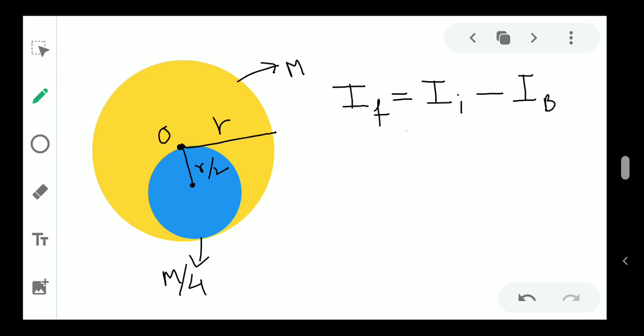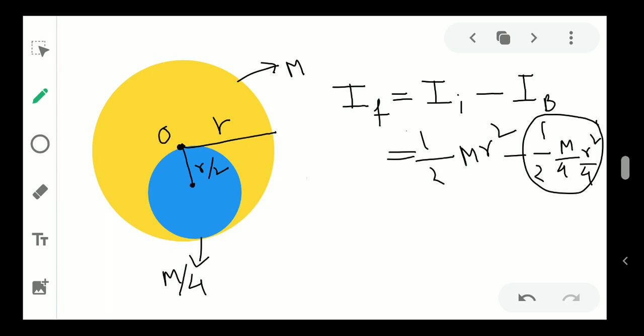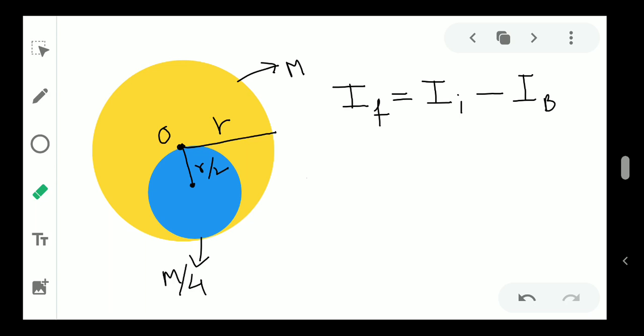So I have to find out the moment of inertia of the blue piece. Now you can directly write that the initial one is m r square, minus half, then mass m by 4 into r square by 4, but that is not correct, because this formula is only valid if the axis is at the center.